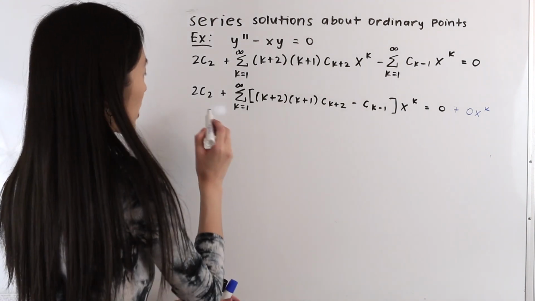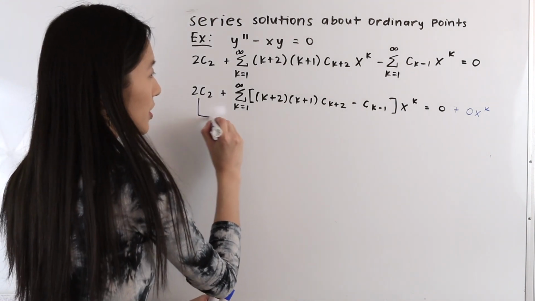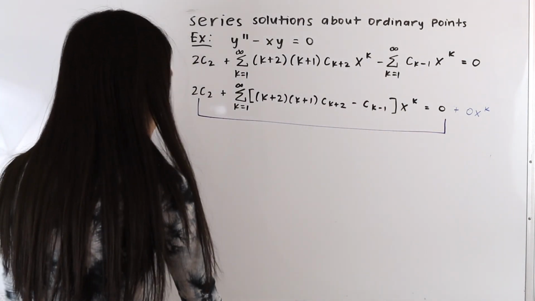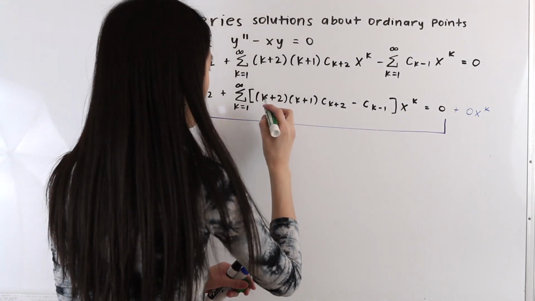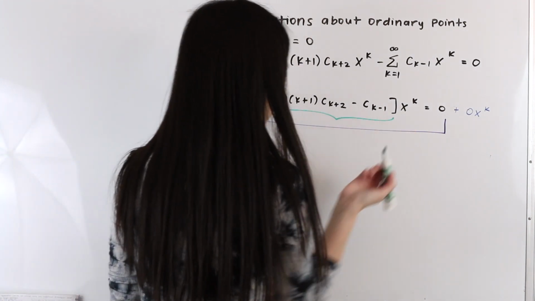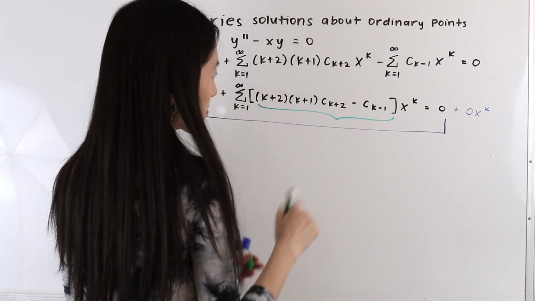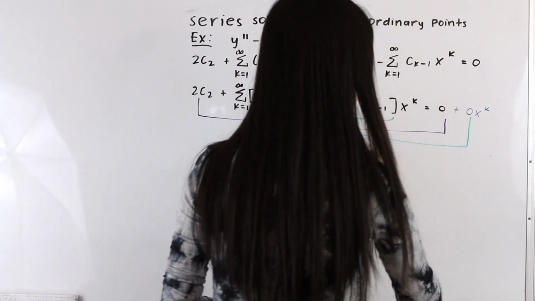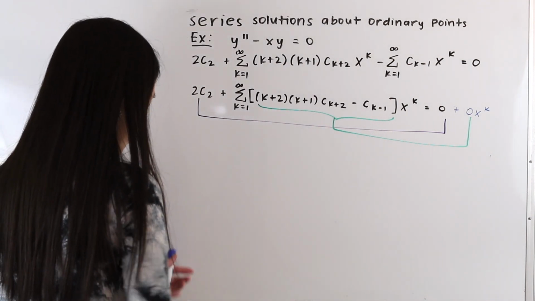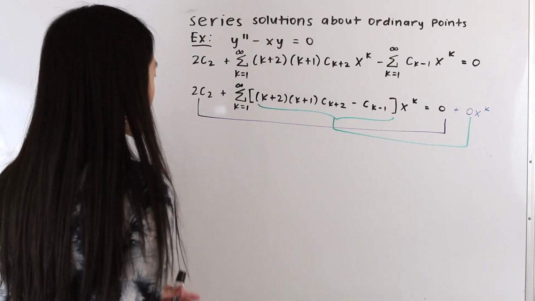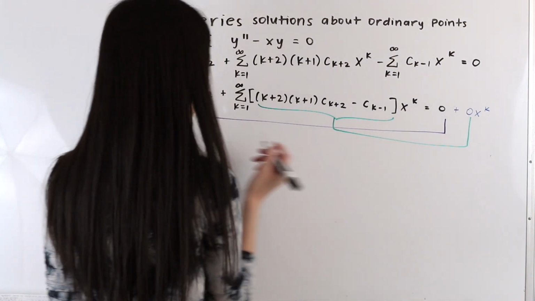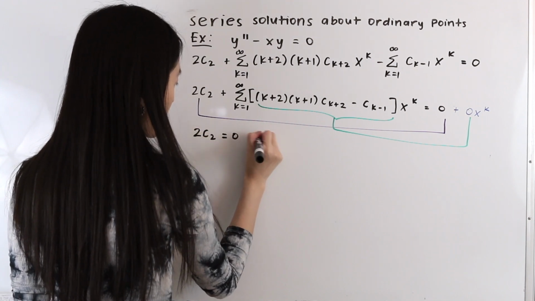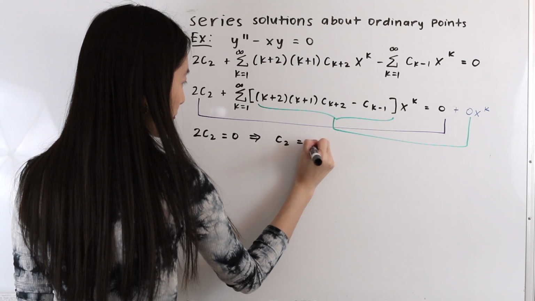So on the left-hand side, we have this 2c2, and on the right-hand side, we just have a 0. So we have 2c2 is equal to 0. And so from this, we know that c2 is equal to 0.